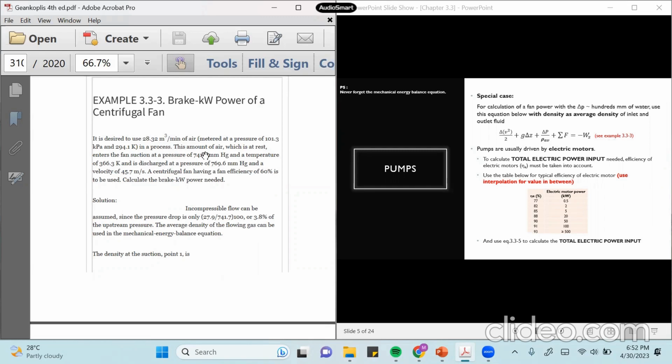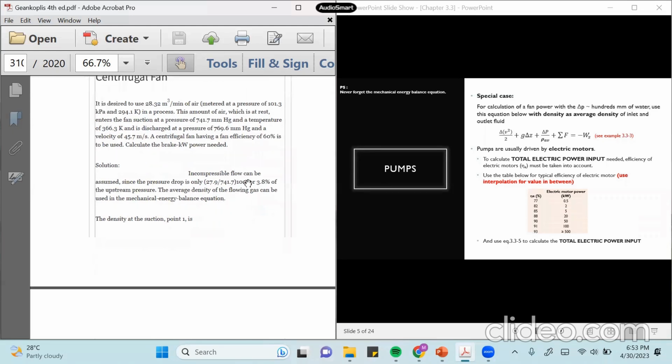The air, which is at rest, enters the fan suction at this pressure and is discharged at this pressure. We also know that in the suction line the temperature of the air is this, and the velocity at the discharge line is this. The centrifugal fan has a fan efficiency of 60%. Calculate the brake kilowatt power needed.